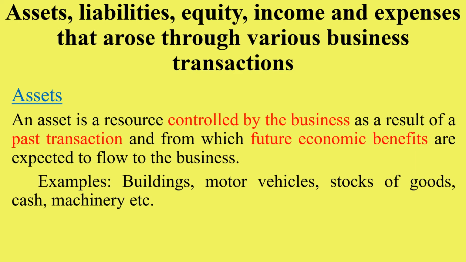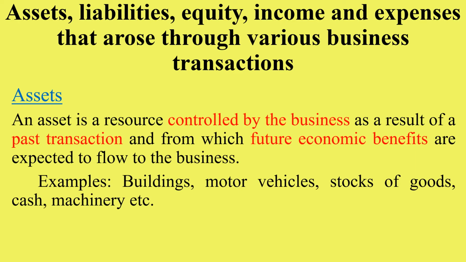And also, it should be controllable by the business. That means the machine you are buying and the stocks generated from the machine can be controlled according to the discretion of the business.